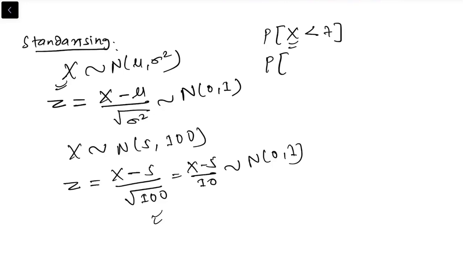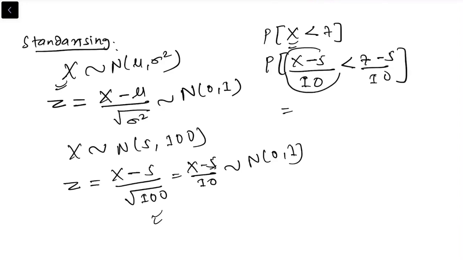You convert x into a standard normal by subtracting the mean 5 and dividing by the square root of variance, which is 10, and we do the same calculation on the right side. So this is 7 minus 5 divided by 10, and this whole thing is z. So z is less than 0.2.